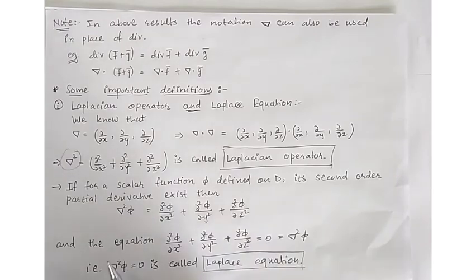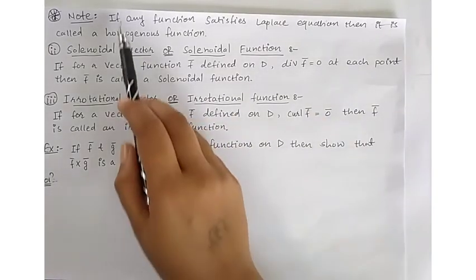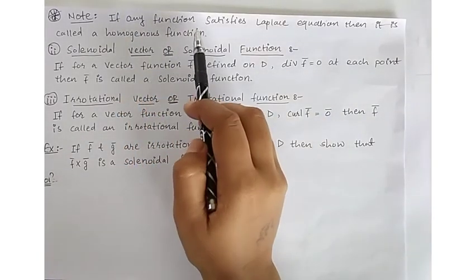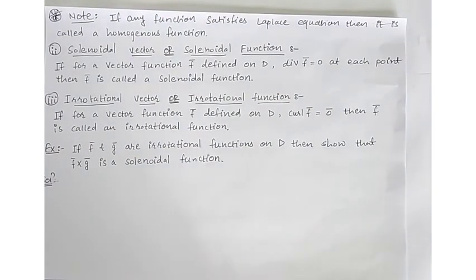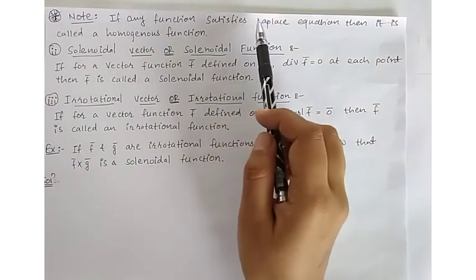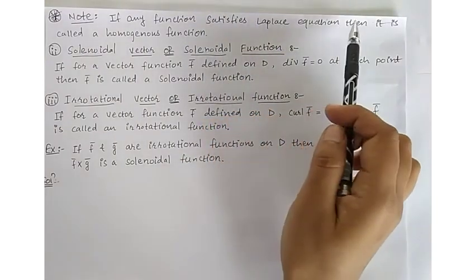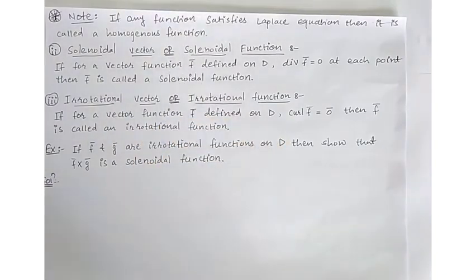And please mention what is del square and what is phi. Next, note that if any function satisfies the Laplace equation, then it is called a homogeneous function.